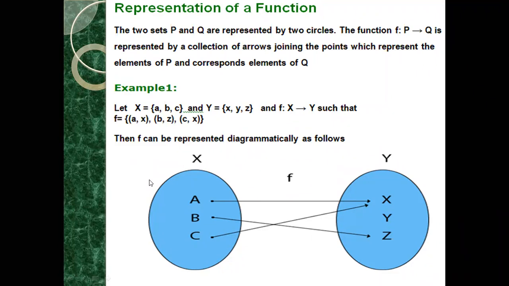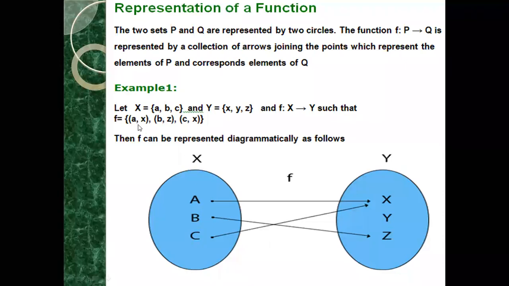So first we represent the given two sets by two circles. So here X and Y, the X set containing the elements a, b, c and the Y set containing the elements x, y, z. After that we represent arrows by joining the points.